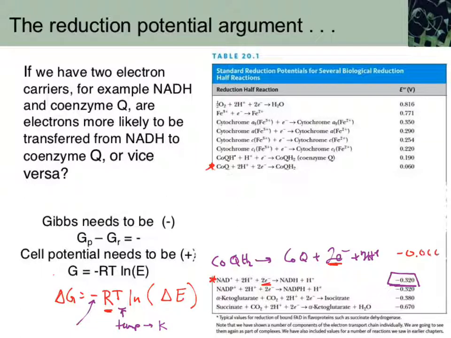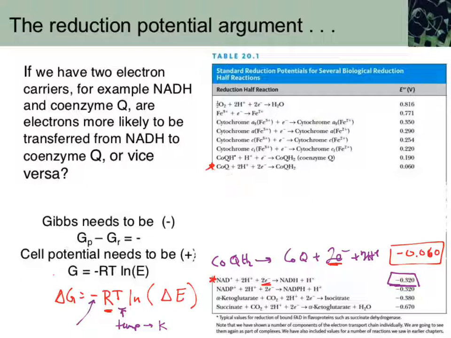I can then add those cell potentials. When I add them, I get a negative value. Does that reaction work? No, because I get a negative cell potential. So CoQ-H2 cannot shuttle electrons to NAD+.